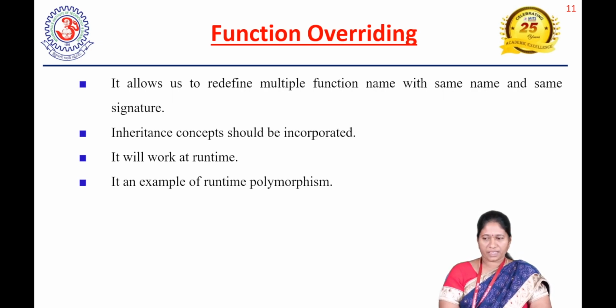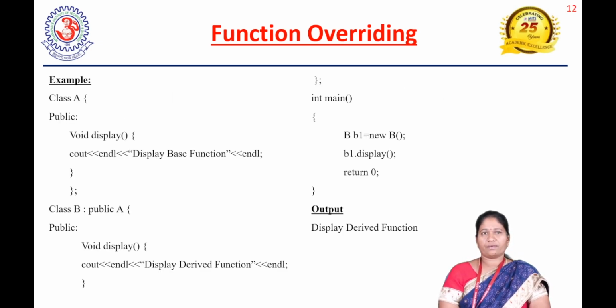Let me see this example here. I told you, if you use this function overriding concept, definitely we should use the inheritance concept. So what is inheritance? Basically, if you want to use the inheritance concept, this is code reusability, where we have to use code multiple times.